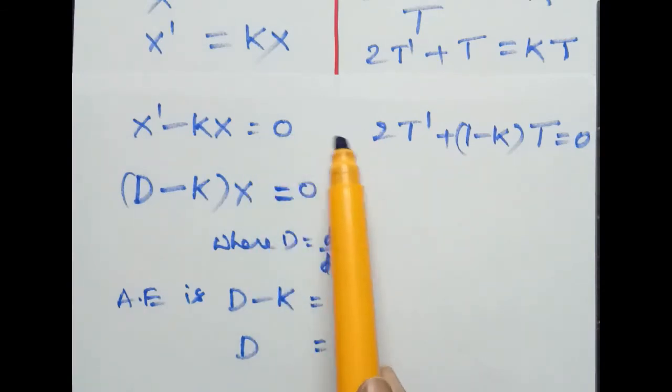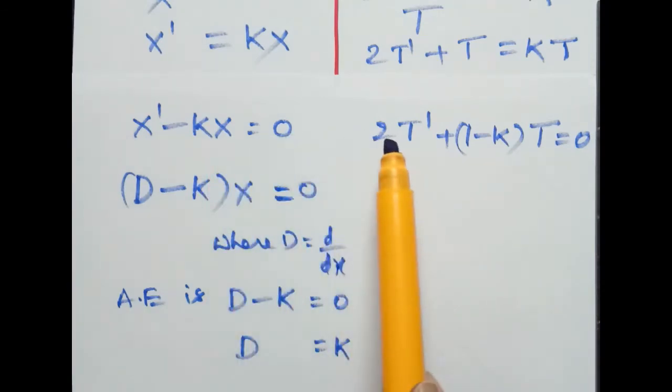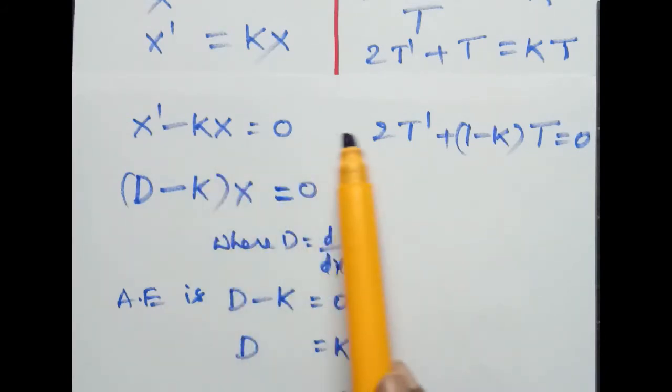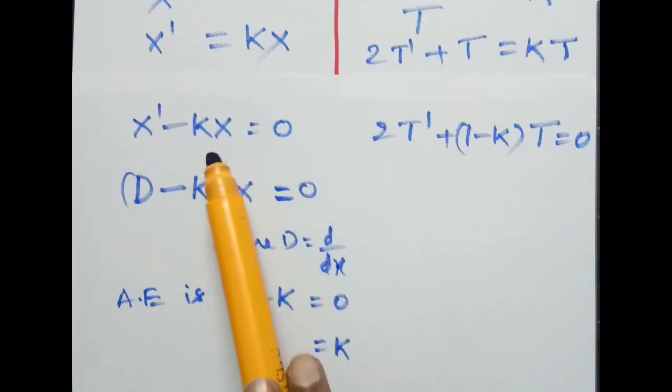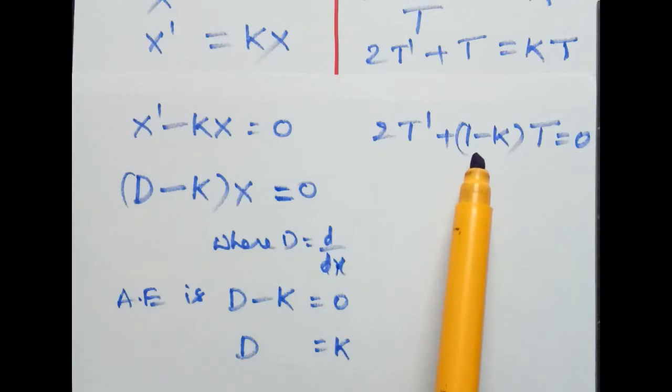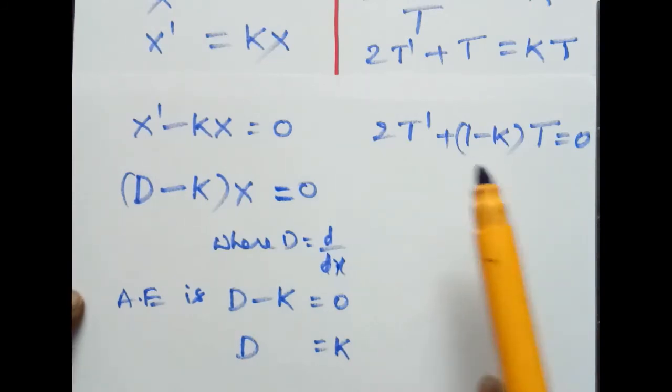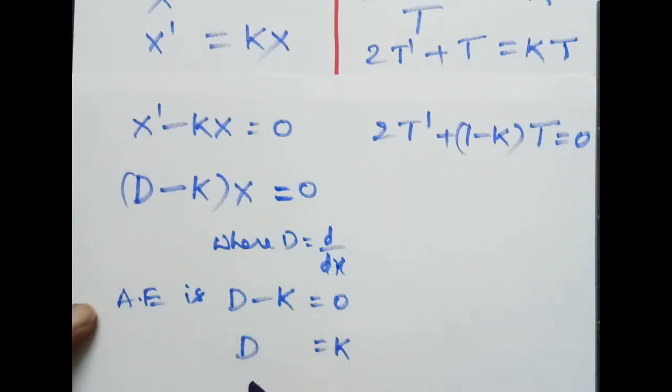See here, this is one ordinary differential equation, this is another ordinary differential equation. Now D is equal to k, a real root, so we use the rules to write the complementary function and then the complete solution.